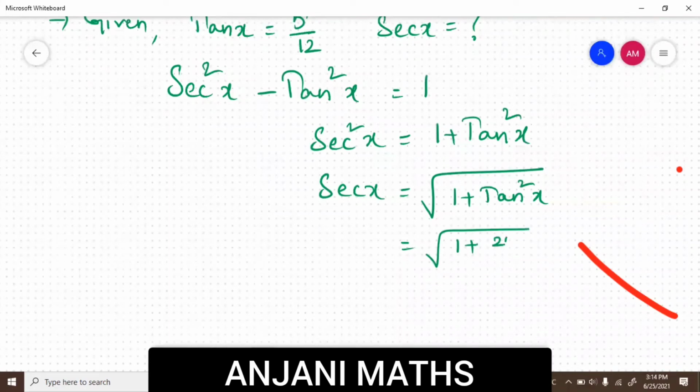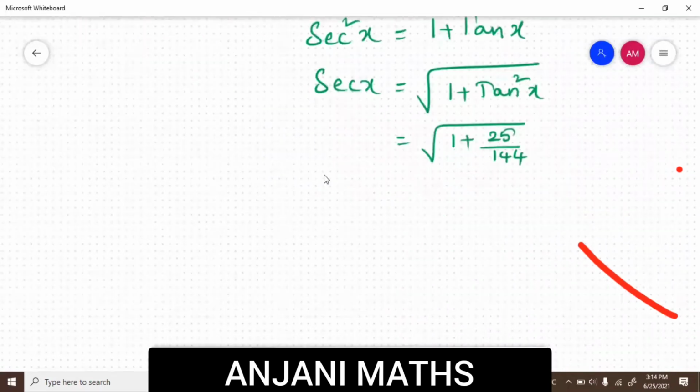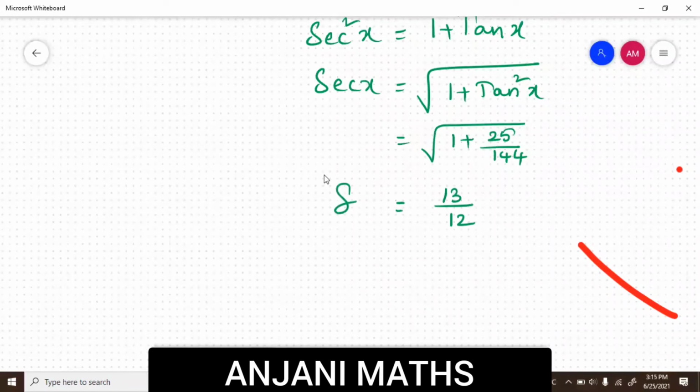It's nothing but 25 by 144. So if we take LCM, we will get 144 plus 25. It's nothing but 169. Root 169 is 13. Root 144 is 12. So secant x is 13 by 12, if tan x is equal to 5 by 12.